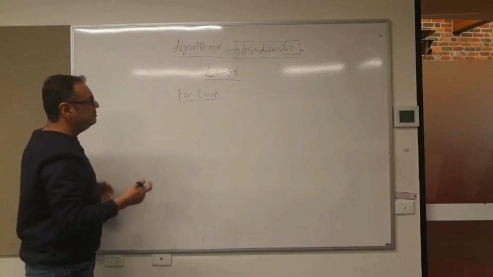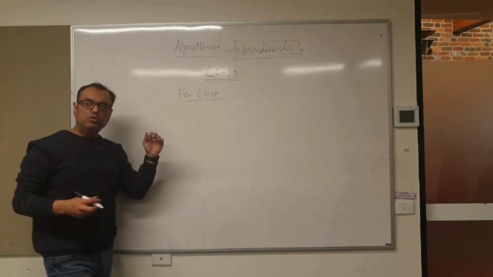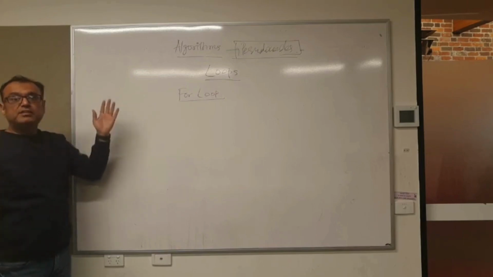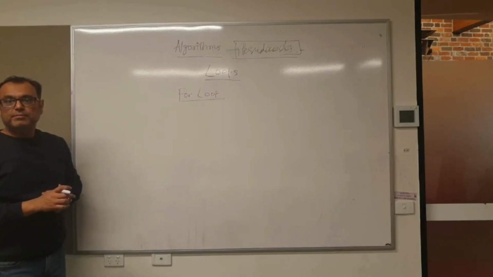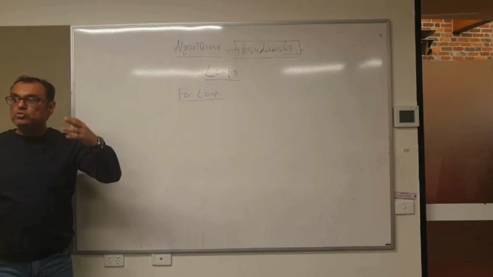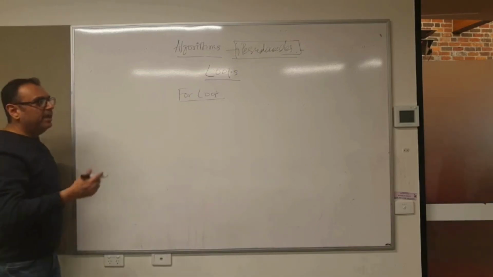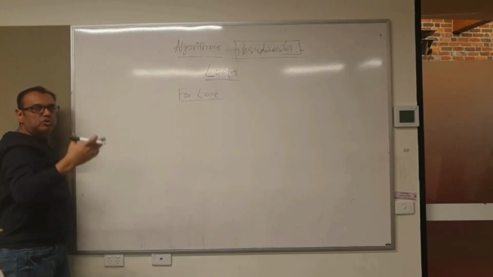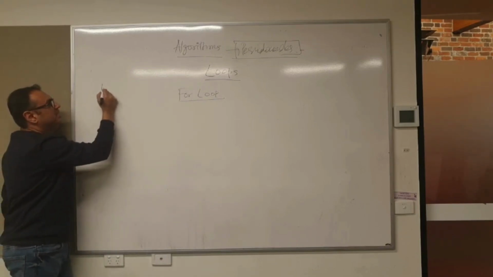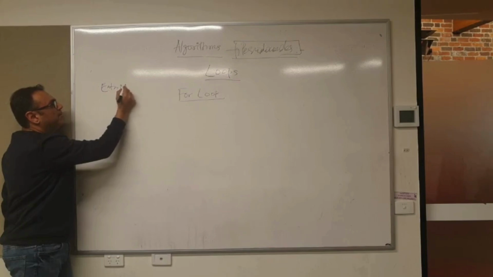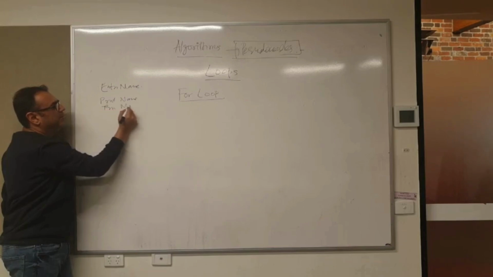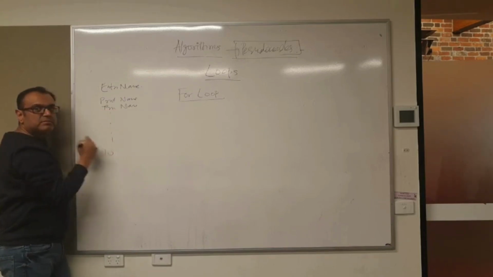So for example, if I say I want to print Tanisha's name 10 times on the screen, and I ask you to write a pseudocode. So one way to write a pseudocode is, for any name that the user wants to print, I say enter name, and I say print name, and I keep going 10 times.